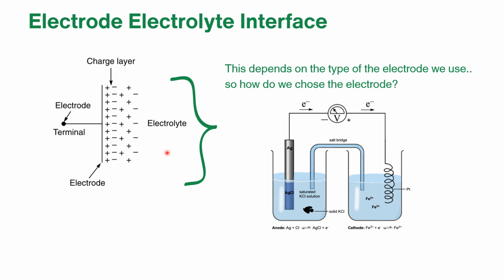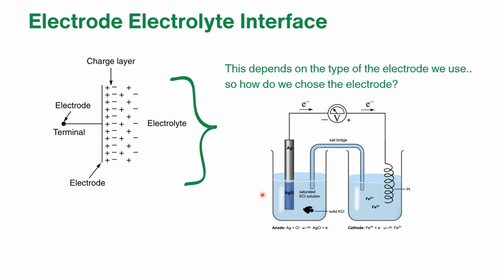But before connecting that, this depends on the type of electrode we use. So we have to choose the electrode. The electrode that we choose plays a very important role. In any measurement with electrodes, there will be two types of electrode. One is the testing electrode, the other one is a standard electrode.